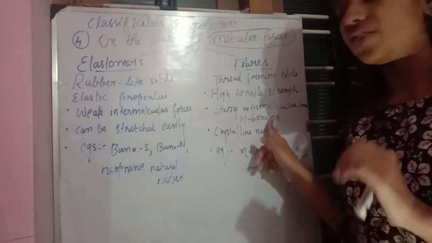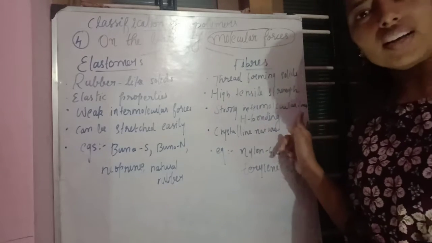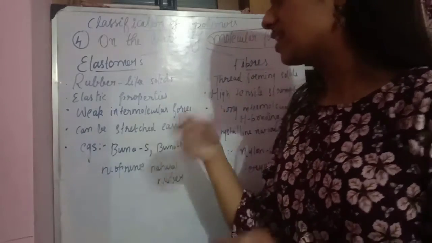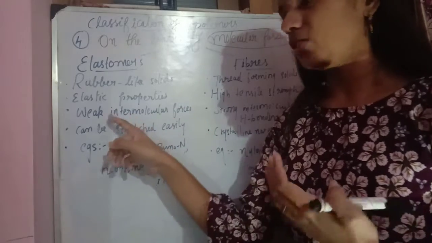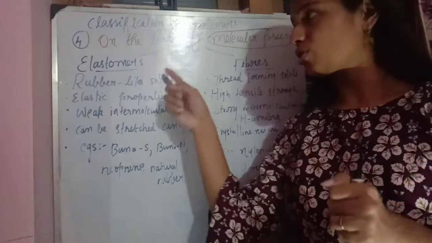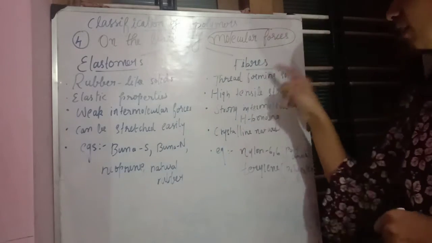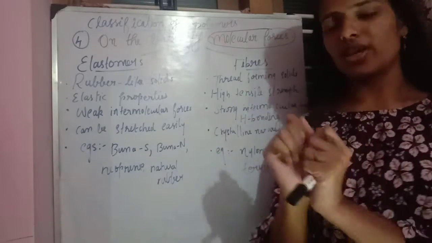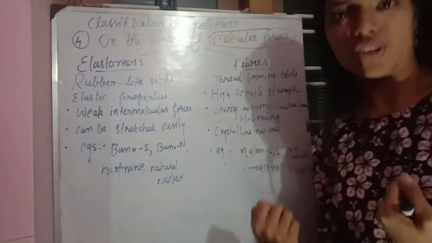Hydrogen bonding is a strong intermolecular force of attraction. As elastomers are rubber-like and have weak intermolecular forces, they can be stretched easily. Fibers are very crystalline in nature, so we cannot stretch them. They are crystalline solids having high tensile strength.